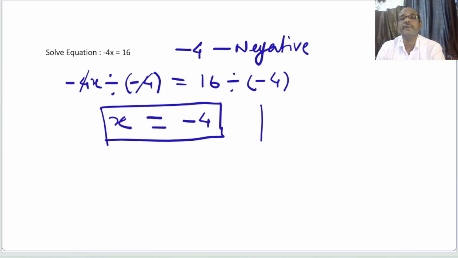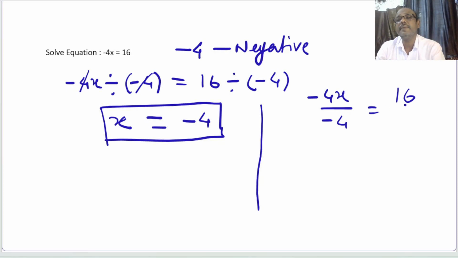Fractionally we will try to divide it. Minus 4x divided by minus 4 is equal to 16 divided by minus 4 here again. So 4 ones are 4, the minus sign also gets cut, 4 ones are 4.